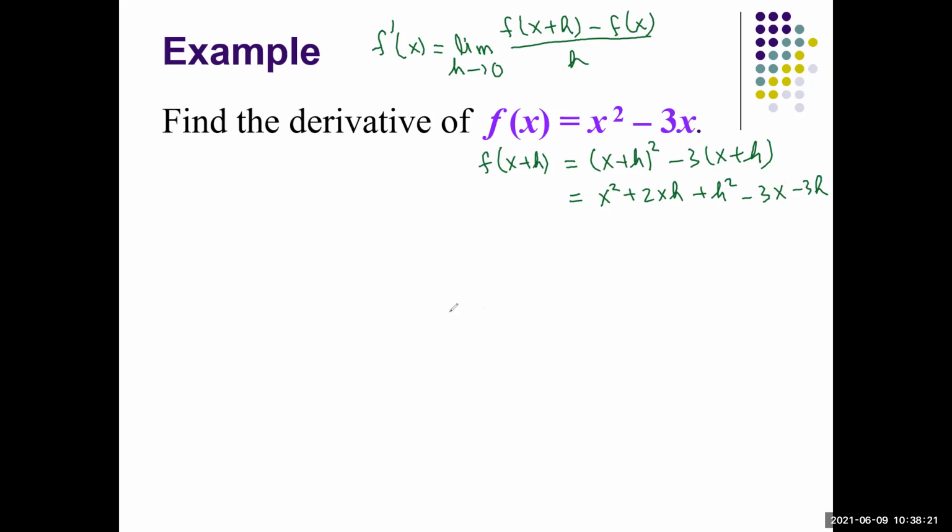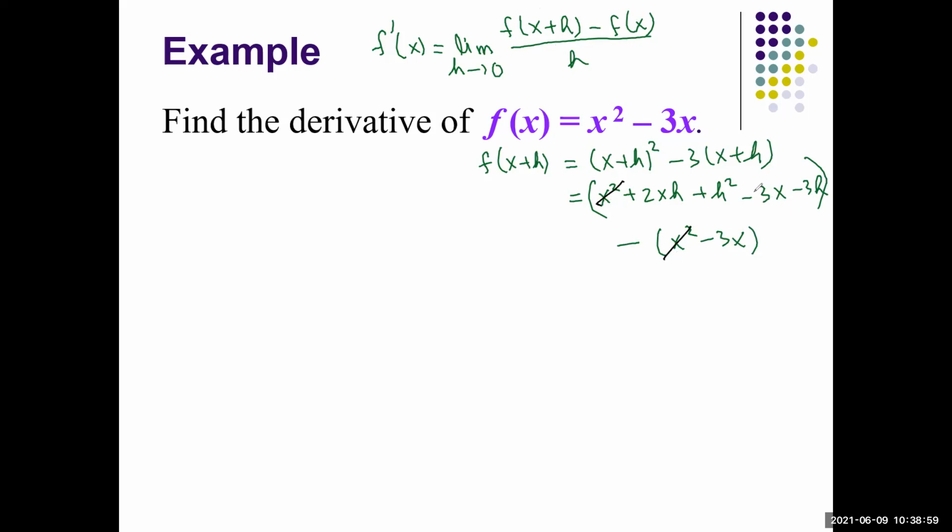Let's simplify it from there. So the numerator: this quantity is f of x plus h, and you subtract f of x. f of x is x squared minus 3x. So you notice that when you subtract, the x squared minus x squared cancel, right?